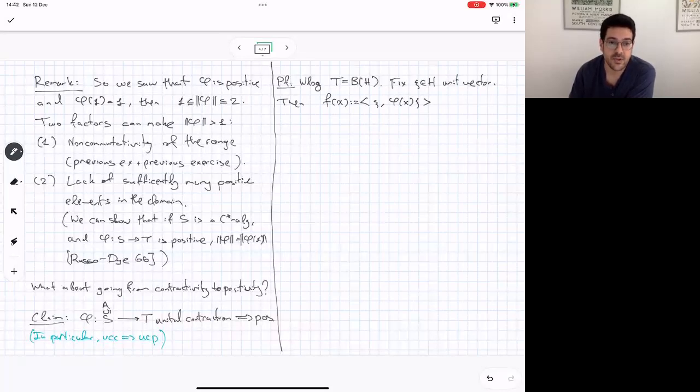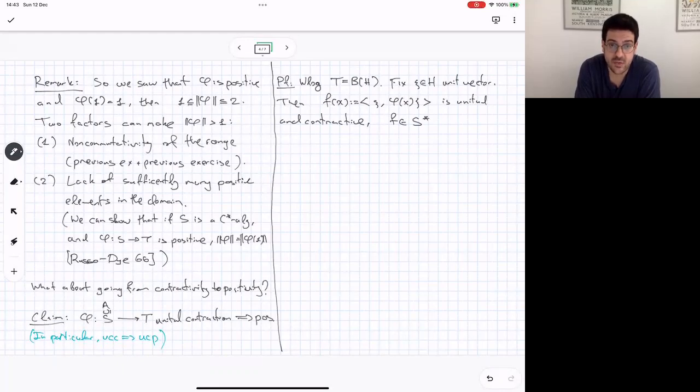Well, we know that phi is unital and contractive. So f is unital and contractive, right? But f is in S star. It's a linear functional. What does the Hahn-Banach theorem tell us?